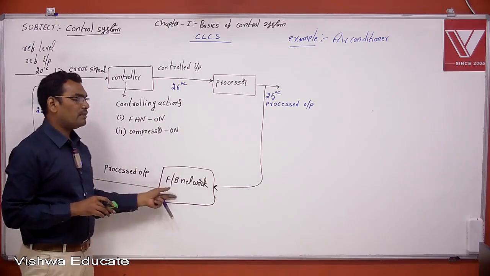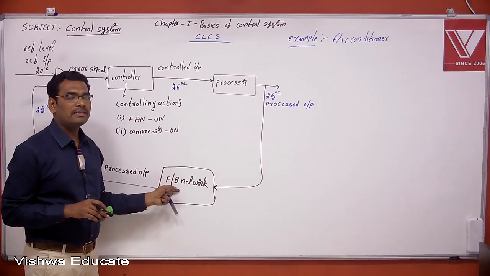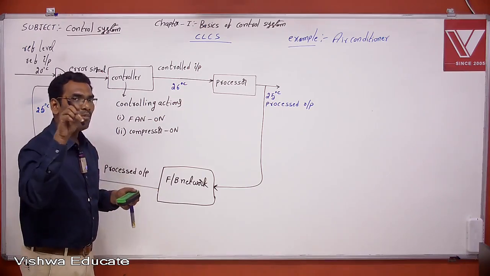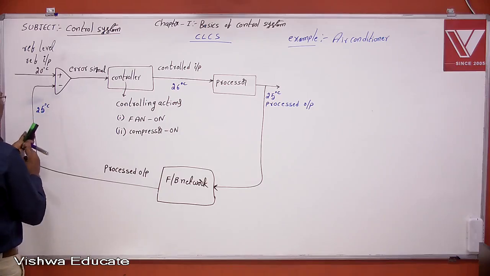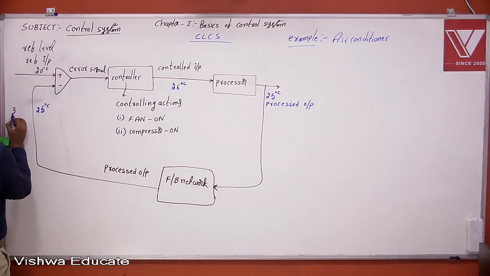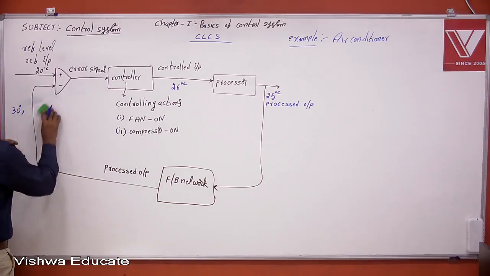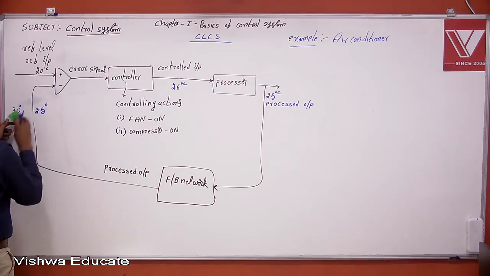That's what I'm saying. This is a feedback network. This sensor is continuously monitoring the actual temperature of the room. First it will be 30 degrees centigrade, next it will be 25 degrees centigrade.